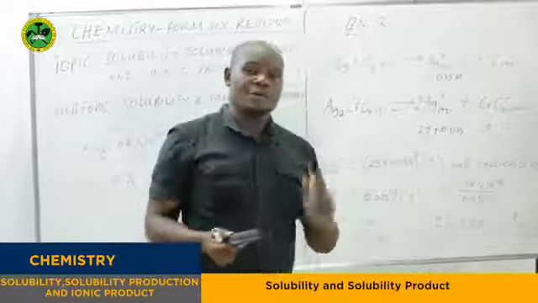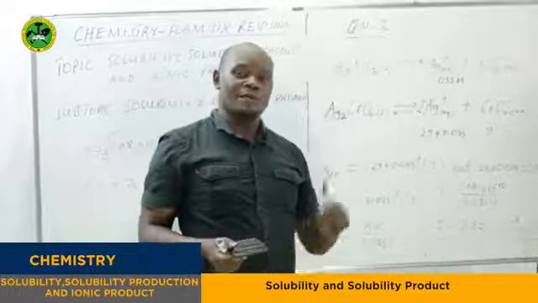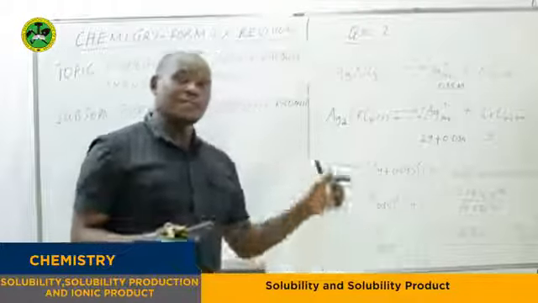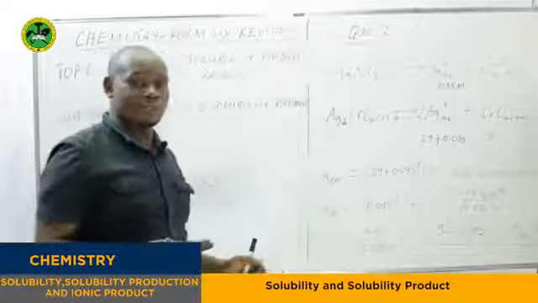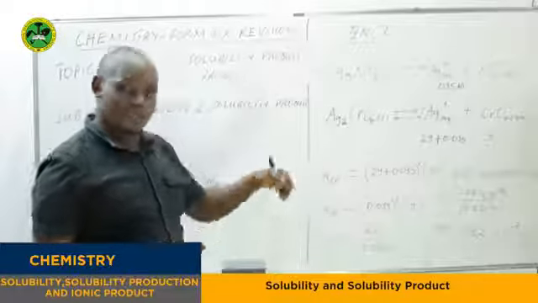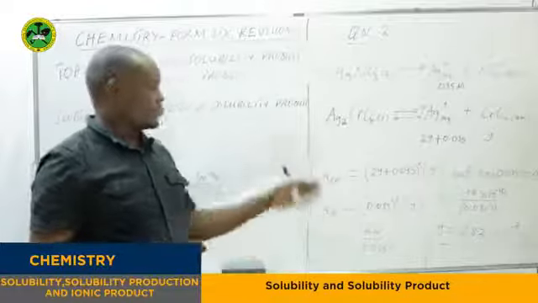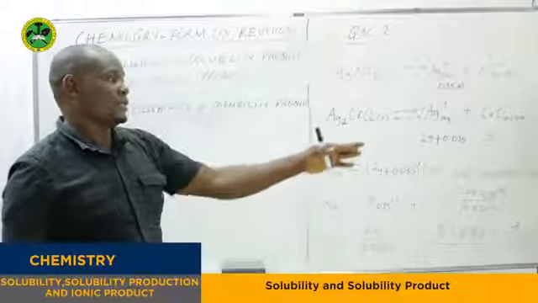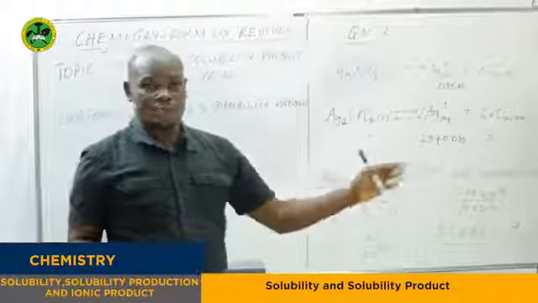That is what we call the common ion effect: ions present in the solution decrease the solubility of a substance that contains ions that are present in that solution. So that is how you were supposed to go about that second question.